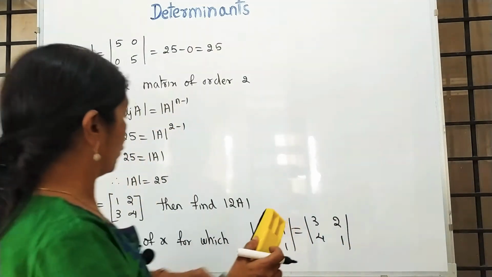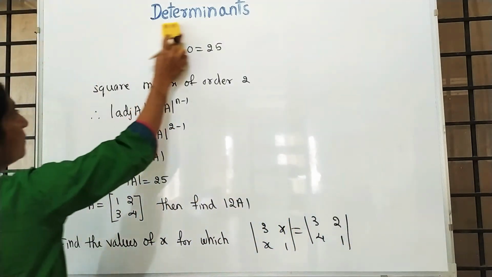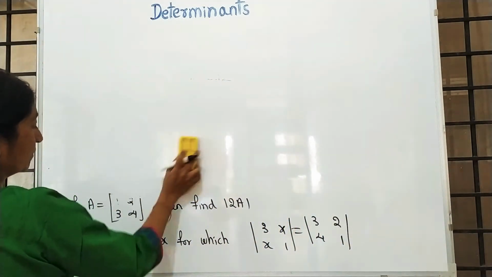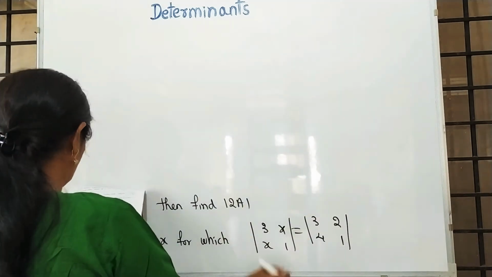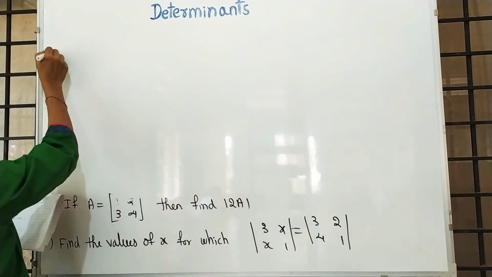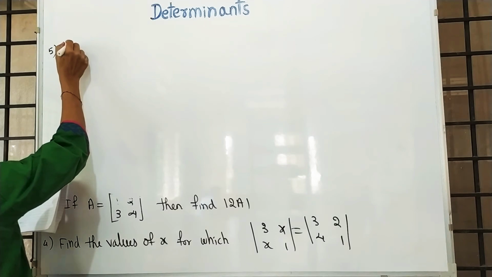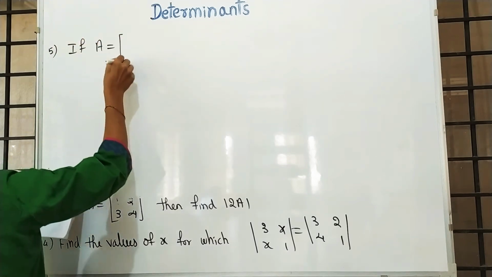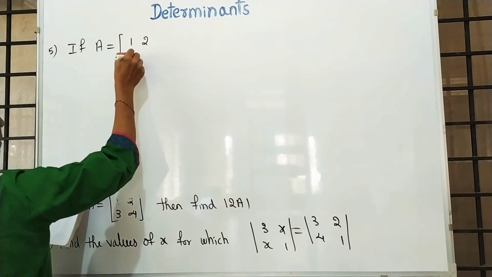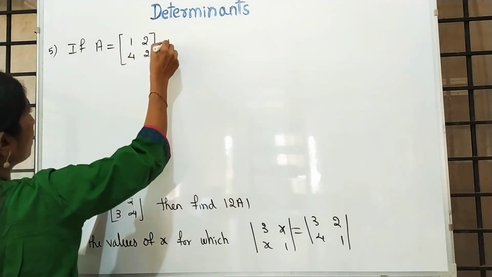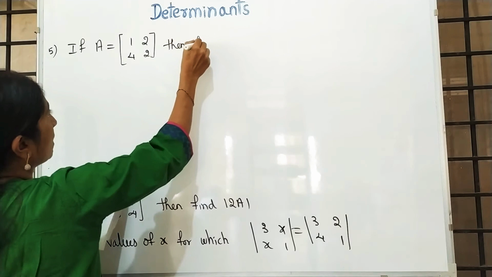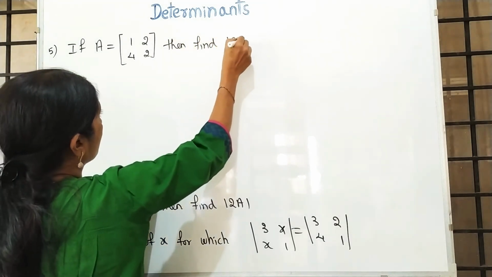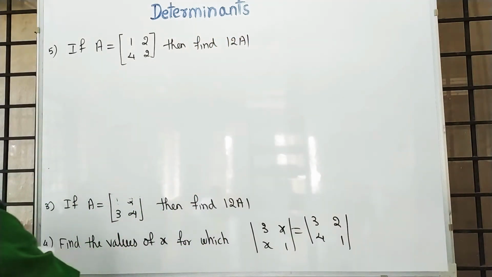Moving to the next question, that is the fifth one. If A is equal to 1 2 4 2, then find determinant of 2A. See, same questions.